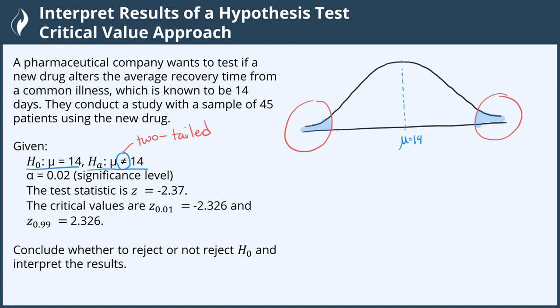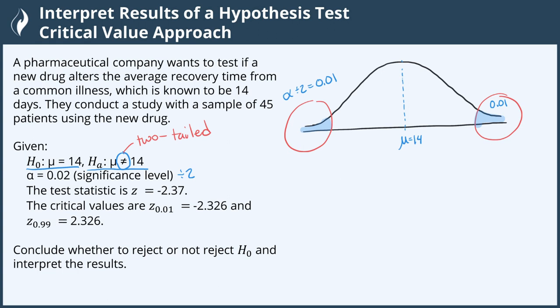And because both of those together make the alpha, we need to divide that by 2 so that we get how much is on each tail. So this is alpha divided by 2, which equals 0.01. And because it's symmetric, because it's a normal curve, the tail on the right will also be 0.01.